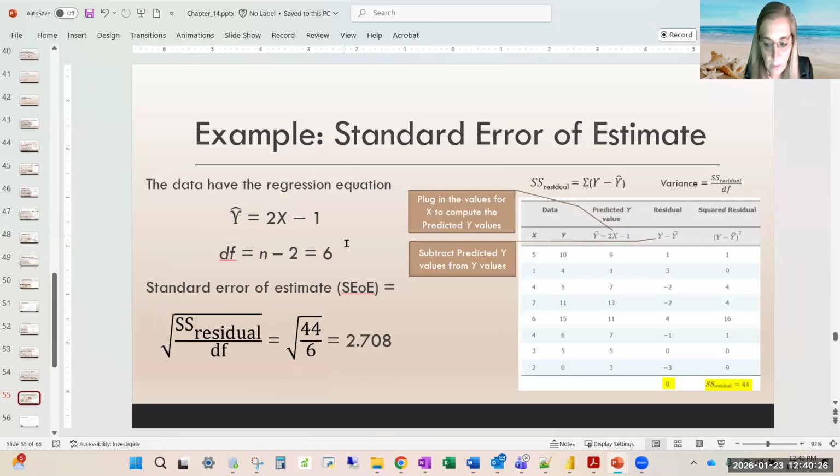All right, so let's look at what we have here. The data have the regression equation y hat equals 2x minus 1 and degrees of freedom n minus 2 equals 6. We had 8 scores.